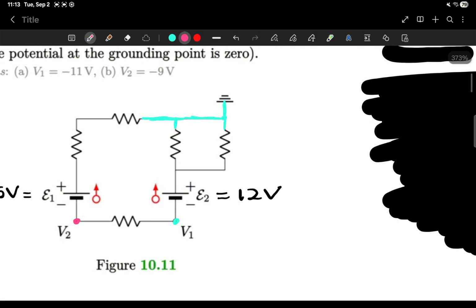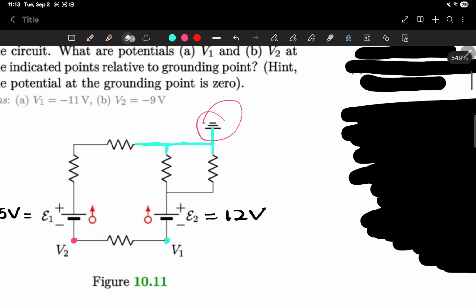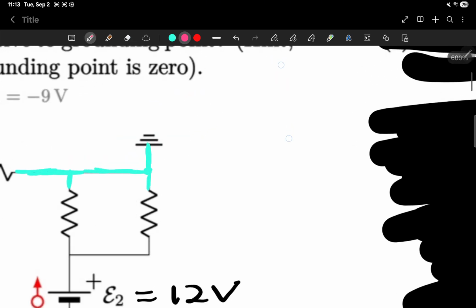Now I need to explain what the ground really means. The theory behind the ground or the earth is that, let's say you have a metallic sphere and it has a charge of 2 plus, so 2 positive charges.